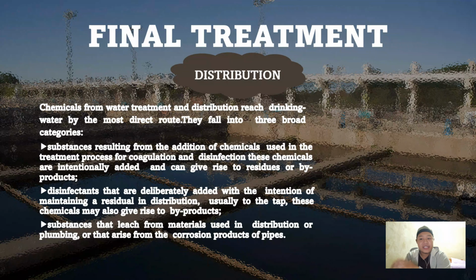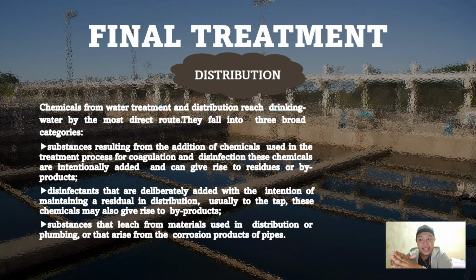Chemicals from water treatment and distribution reach drinking water by the most direct route. They fall into three broad categories, which are first, substances resulting from the addition of chemicals used in treatment processes for coagulation and disinfection. These chemicals are intentionally added and give rise to residues.